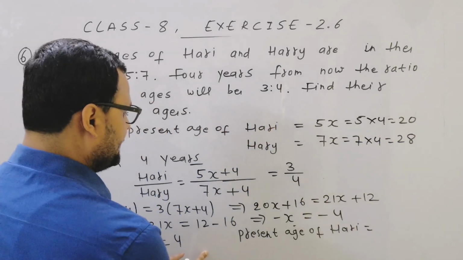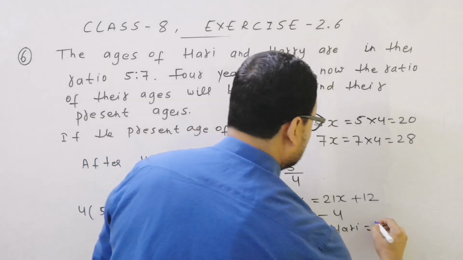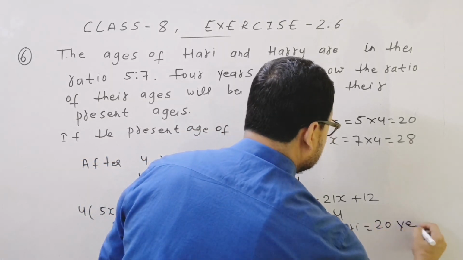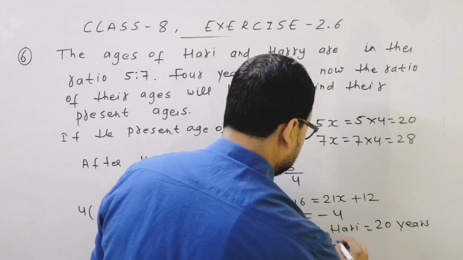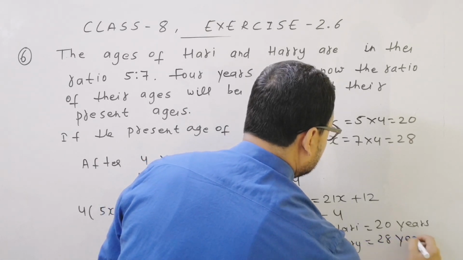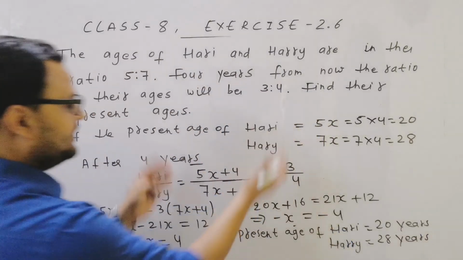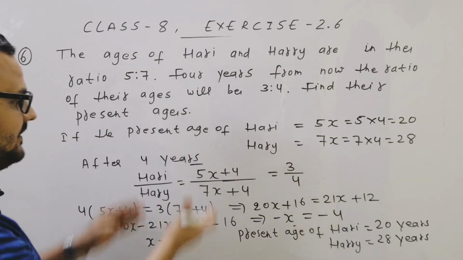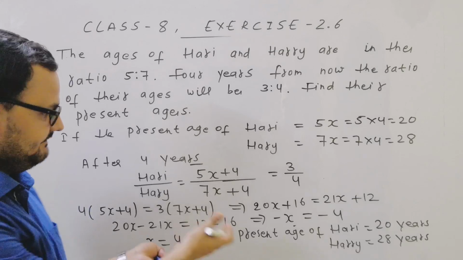So present age of Hari is 20 years and the other's present age is 28 years. We don't have space because it's a word problem, so we did it like this because I think this is helpful.